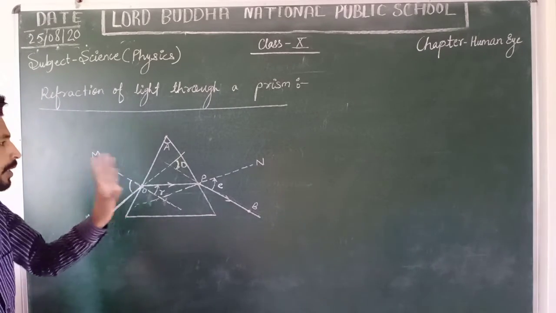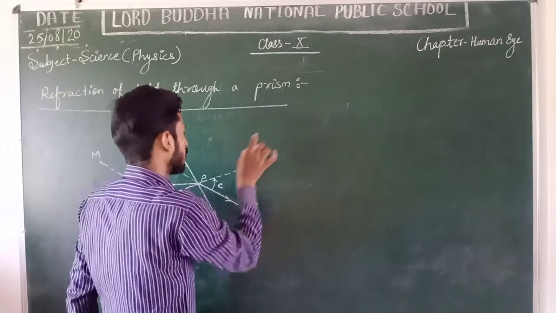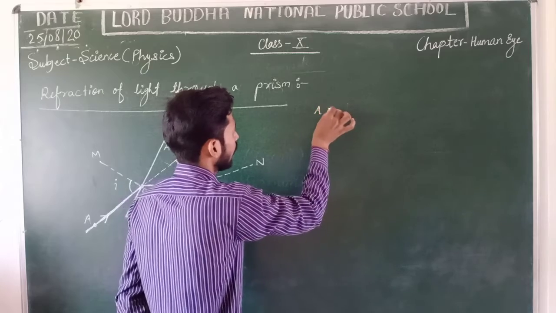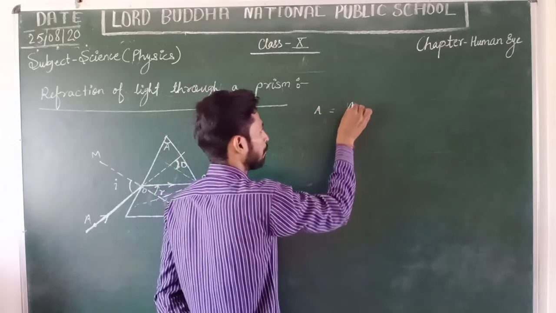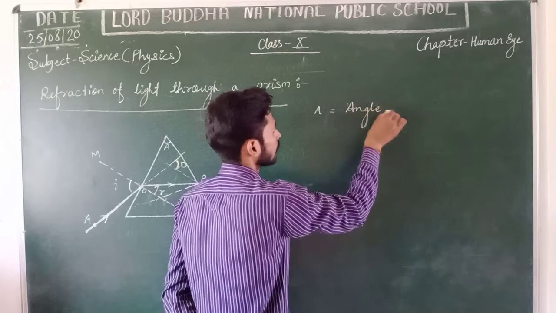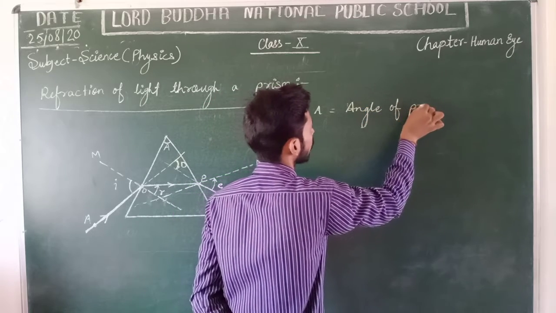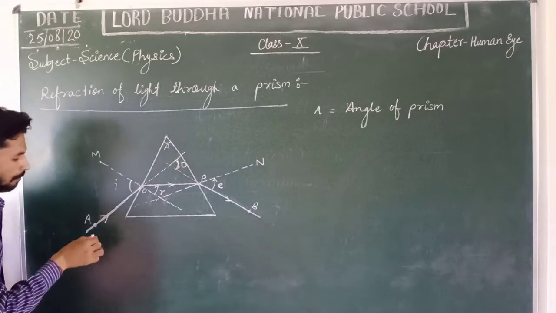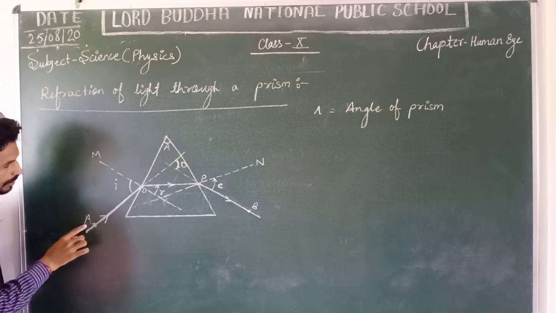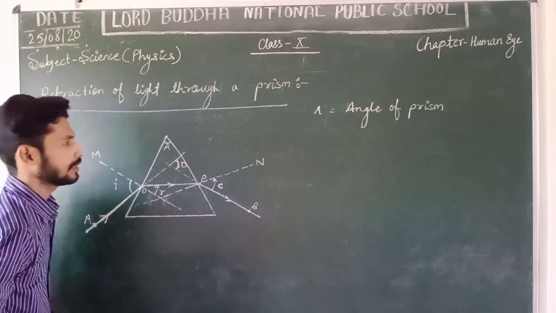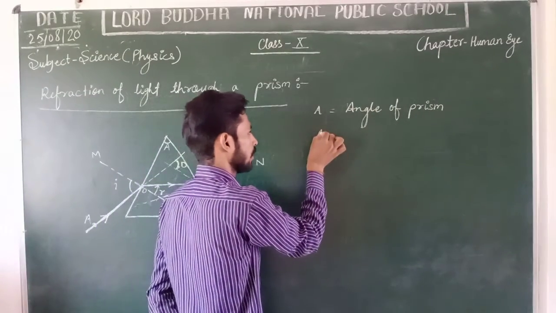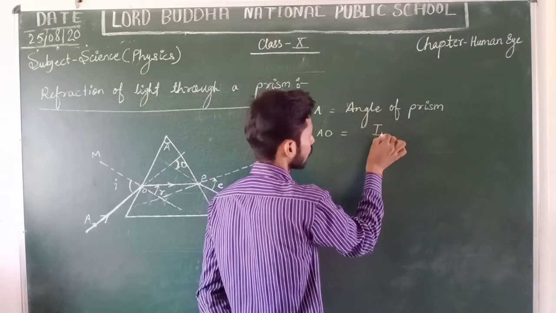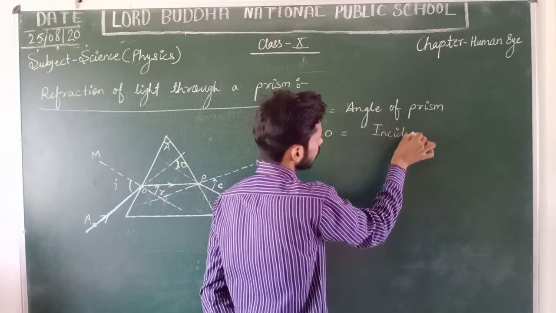So I am going to write here the topics related to this prism. First, angle A is the angle of prism. AO is the incident ray. OP is the refracted ray. PB is the emergent ray.